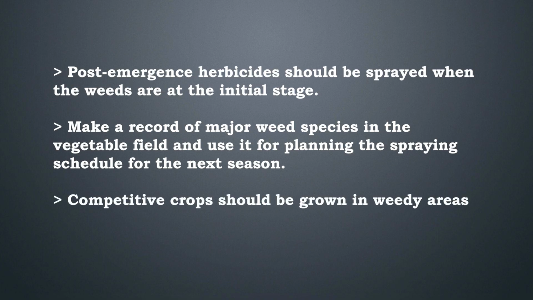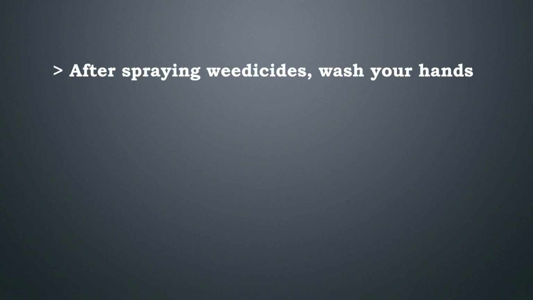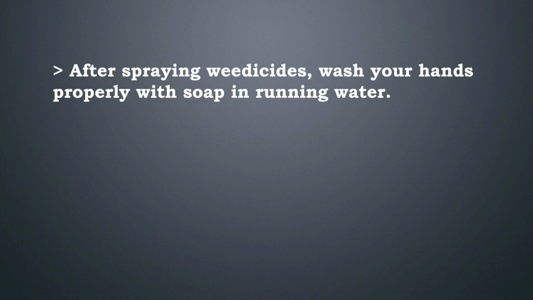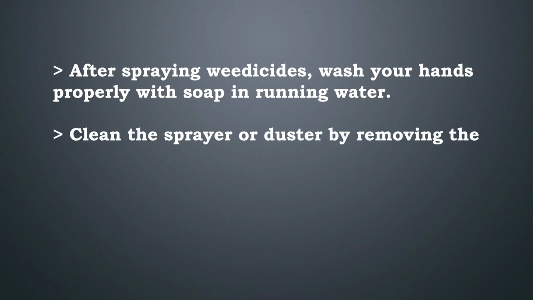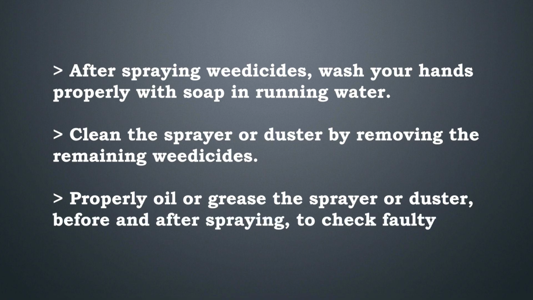Ninth, competitive crops should be grown in weedy areas and non-competitive crops in the cleaner areas of the field. 10th, after spraying weedicides, wash your hands properly with soap in running water. 11th, clean the sprayer or duster by removing the remaining weedicides. 12th, properly oil or grease the sprayer or duster before and after spraying to check faulty application.